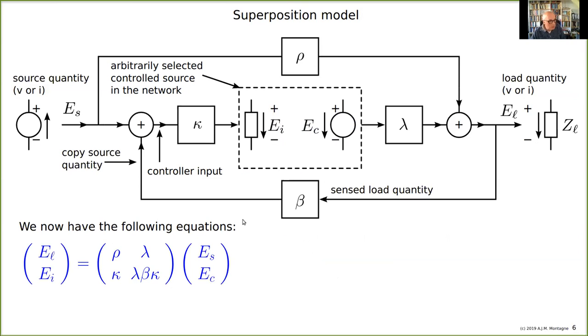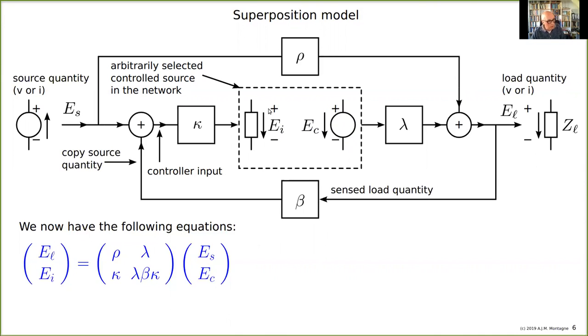If you study how it works here, you see that EL is rho times ES. If the other one is 0, if EC is 0, then you can see ES goes through rho to EL, and in this way you can explain all these terms. This one, lambda beta kappa, is like this.